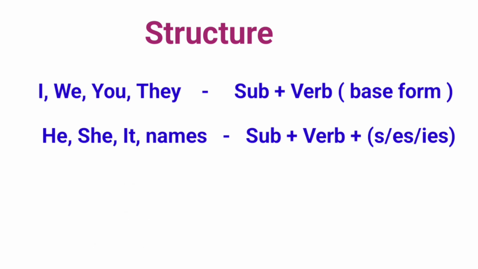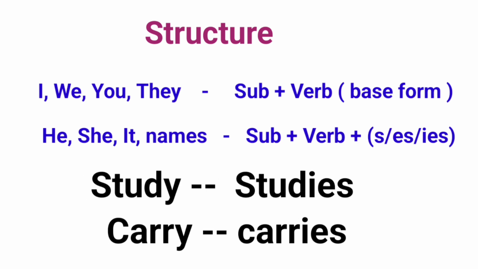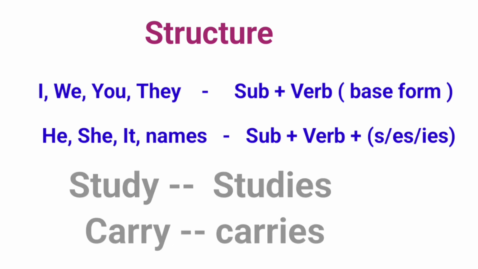And one more example, for verbs ending with a consonant plus y, like study, we change y to ies. She studies, he carries. Try to say it aloud. This is how we form correct sentences in simple present tense for the third person.